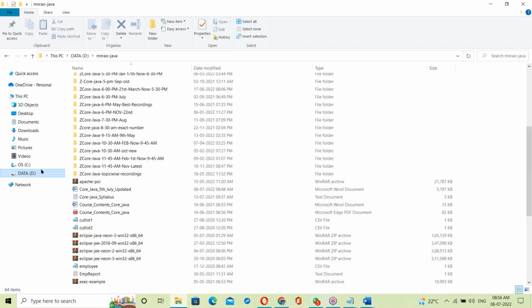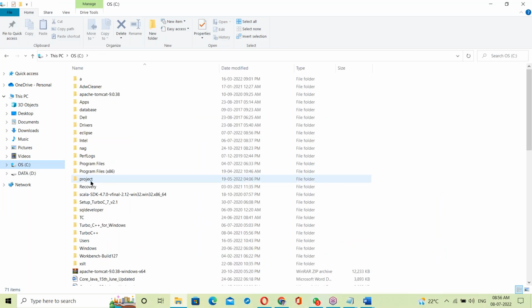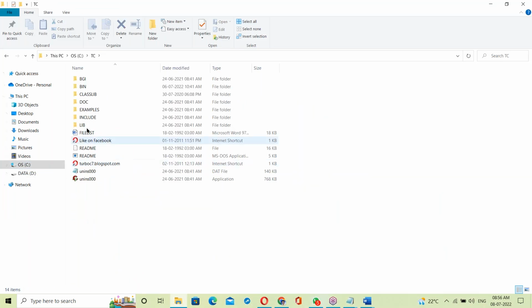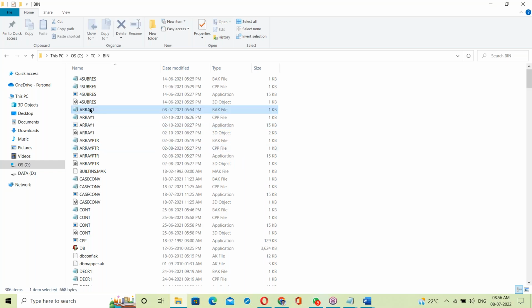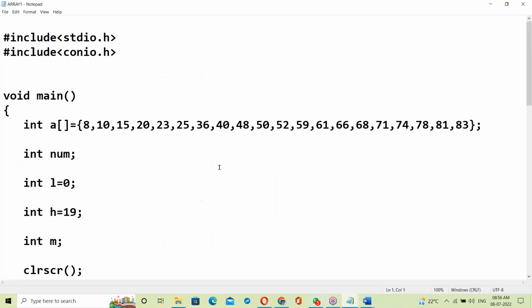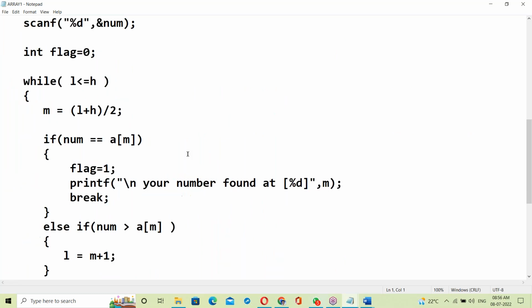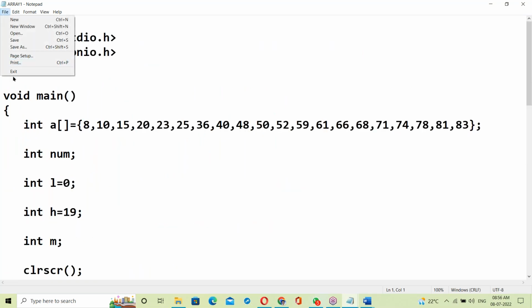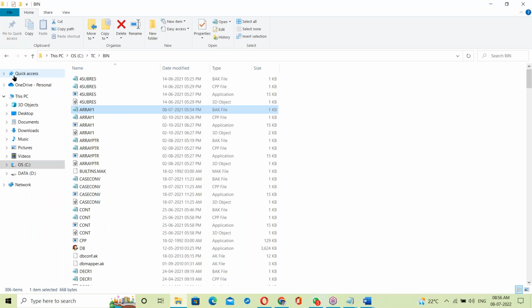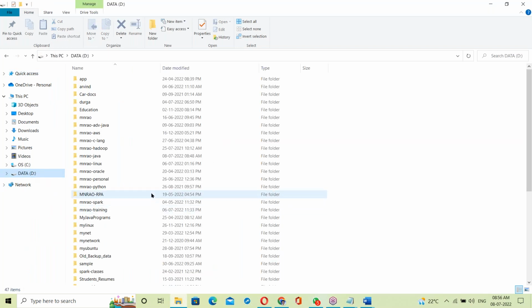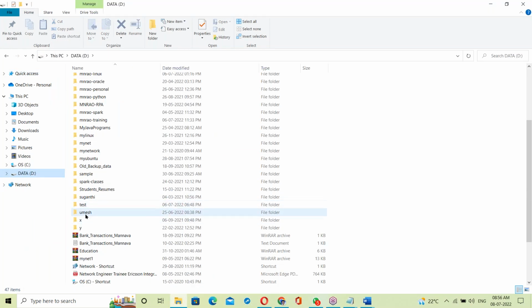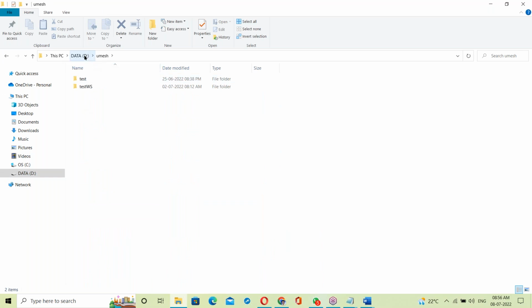See here, for example, C programming. It looks like the English language, right? It's a user understandable language. Suppose a Java program, let us take some Java program.